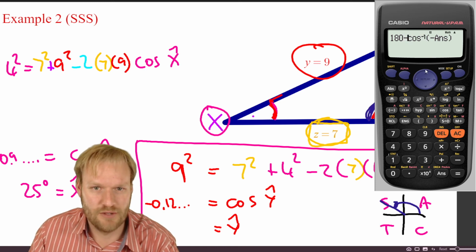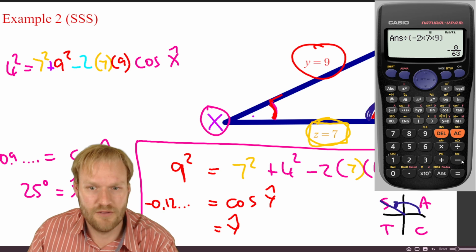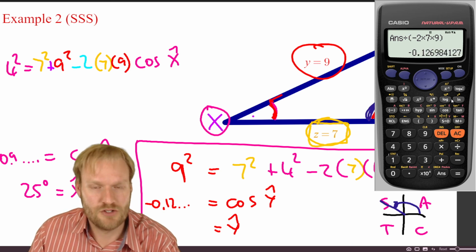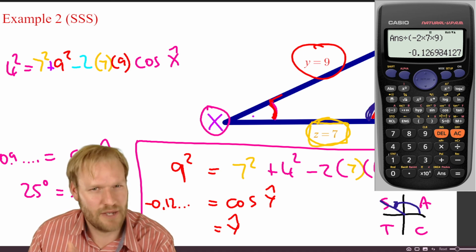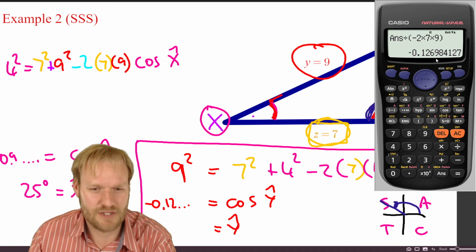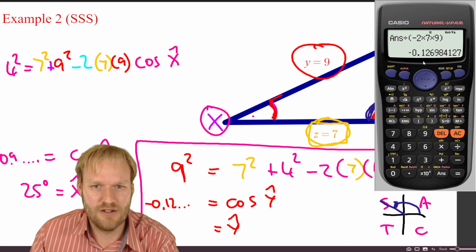So let's just rewind what we did over there. Let's go equals, maths error, that's fine. So we were over there. So this is a negative value. It doesn't really matter for cos, but remember for our reference angle, we always found it of the positive.